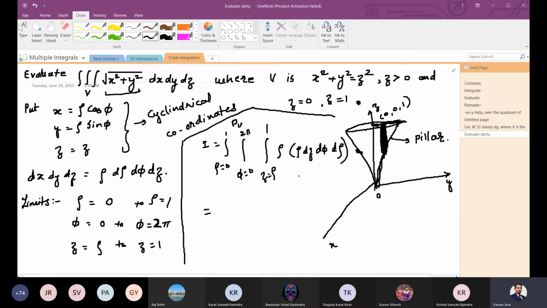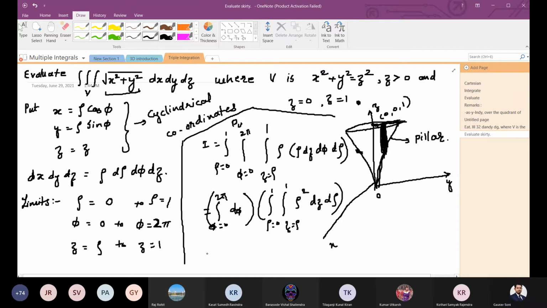Look, phi doesn't have anything to do with z and rho, so I can separate it. Phi is running from 0 to 2 pi, d phi. Let's separate this. And in the other bracket, rho is running from 0 to 1, z is running from rho to 1, rho square dz d rho. So this is 2 pi. In the other bracket, rho is running from 0 to 1. Integration with respect to z is going to be z.